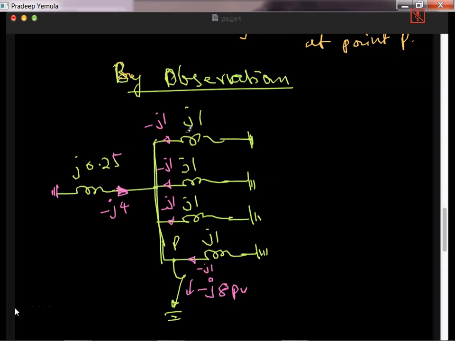So therefore all these currents are adding up to give me the 8 per unit. So 4, 5, 6, 7, 8. But then circuit breaker A is just on the left side of point P. So therefore current in circuit breaker A will be nothing but 4, 5, 6, 7, minus J7 per unit.